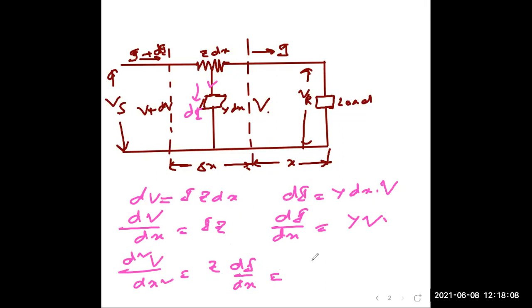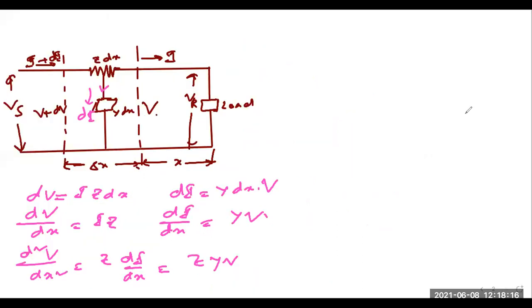Now dI by dx, we know, is Y into V. So d2V by dx square is equal to Z into Y into V.